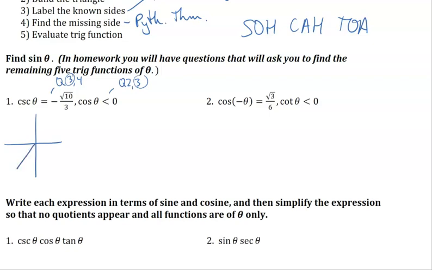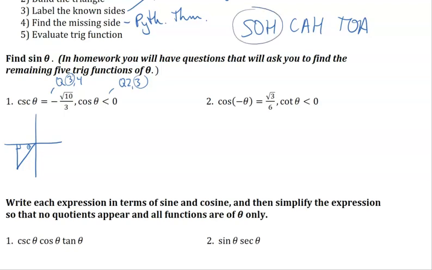So I'm going to just put a ray down here in quadrant 3, and then I'm going to make my right triangle by drawing a segment to the x-axis. We always go to the x-axis. Okay, so this is our theta here, and it tells us that the cosecant of theta is negative root 10 over 3. Well, cosecant is a reciprocal of sine, so I'm looking up here, SOHCAHTOA.